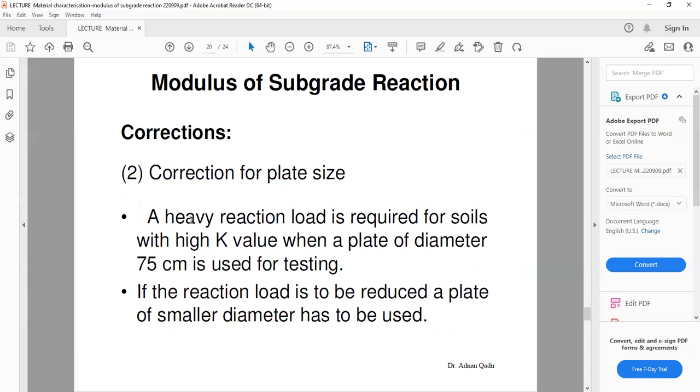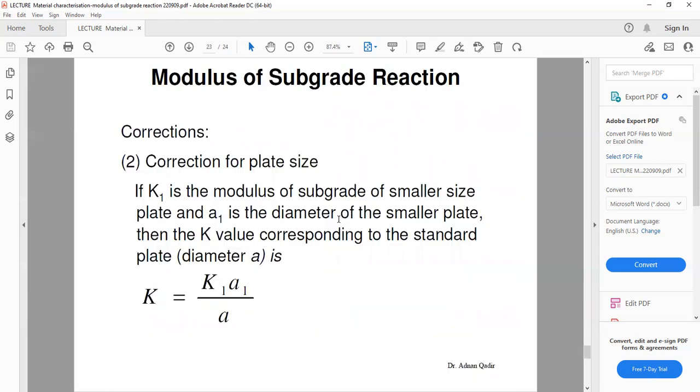If the reaction load is to be reduced, a plate of smaller diameter has to be used. So the correction is: you take the corrected value and multiply it by the ratio of the plate used in this test to the standard diameter. So A is always 75, and A1 can be 30, or 15 centimeter, whatever plate you have used. This will now be the correct value that is used in the pavement design.